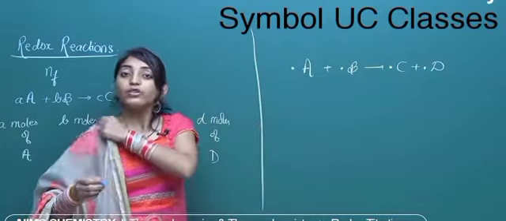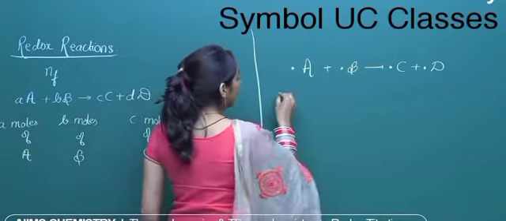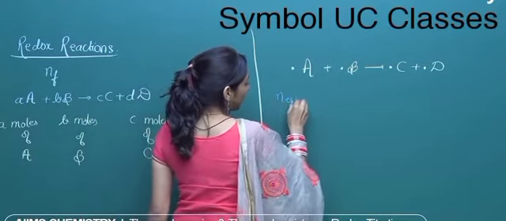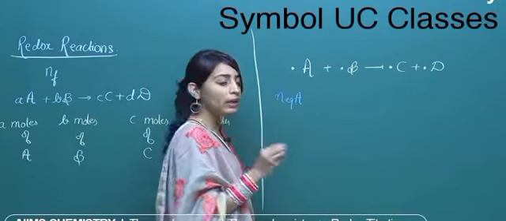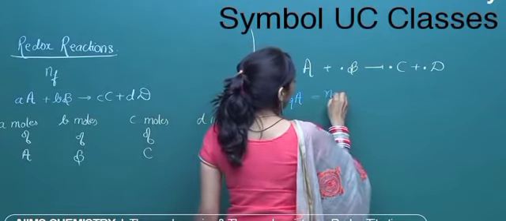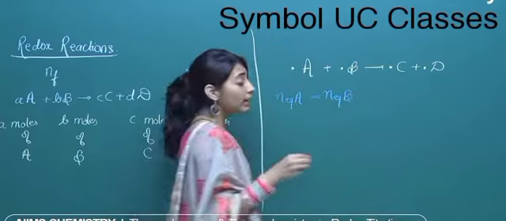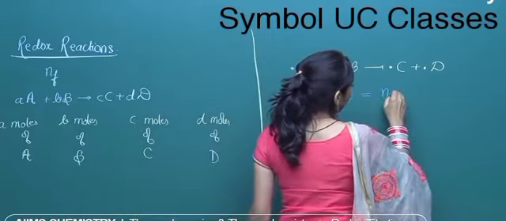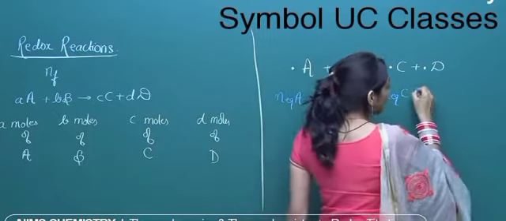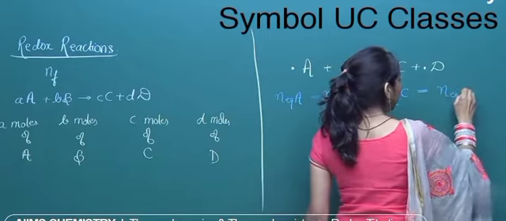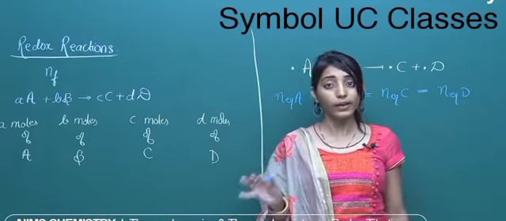So in that case, I told you that you simply say the number of equivalents of A taking part in the reaction is equated to the number of equivalents of B taking part in the reaction. This will be equated to the number of equivalents of C produced in the reaction, and this could also be equated to the number of equivalents of D produced.